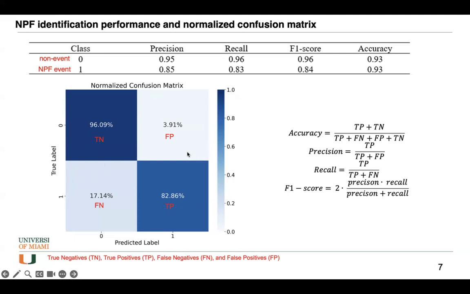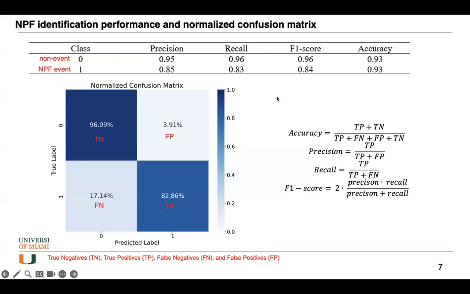Based on this normalized confusion matrix and these four widely used equations, we can understand the performance in precision, recall, F1 score, and accuracy. We compare the class 0 non-event and the class 1 event, and we find that the performance for the non-event is higher than for the new particle formation event.